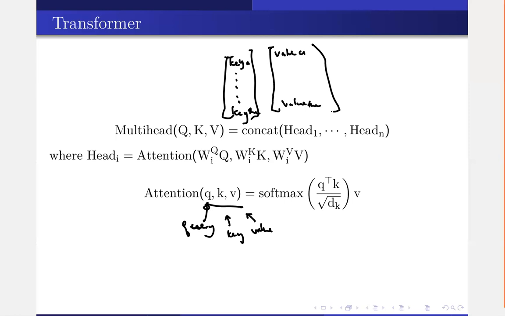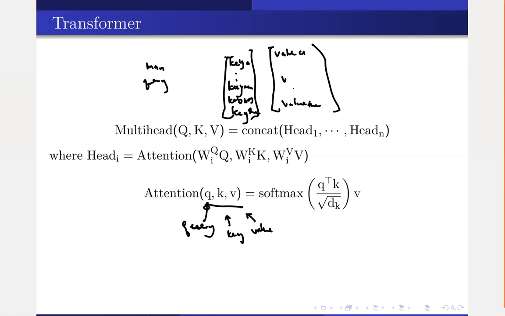So given a query, the query may be a word like "man". And for this dictionary, of course you have a "man" here, but maybe you also have a "boy" here.